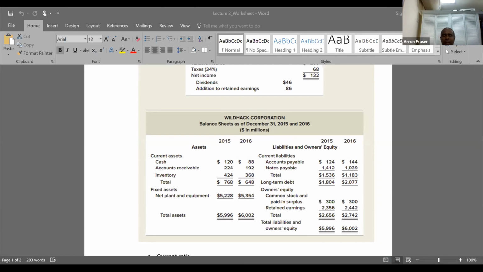That will give you an answer of 54.3%. So you're saying running your business, 54.3% is financed by debt.